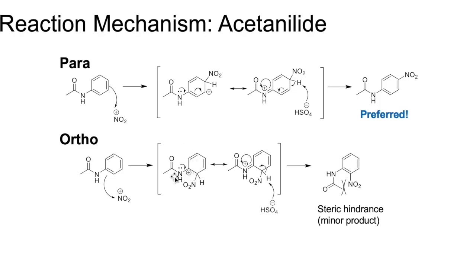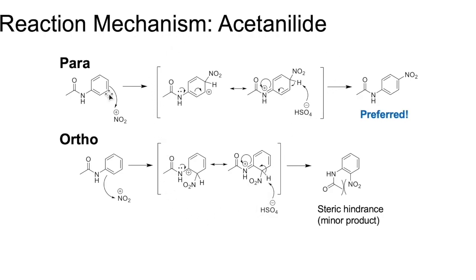In this case, this lone pair is right next to this carbocation, and in this case, this lone pair isn't right next to a positive charge, but through resonance, it can get there. By doing that, it forms an especially stable resonance contributor in which all of the atoms have octets.